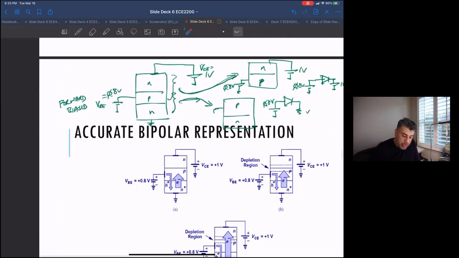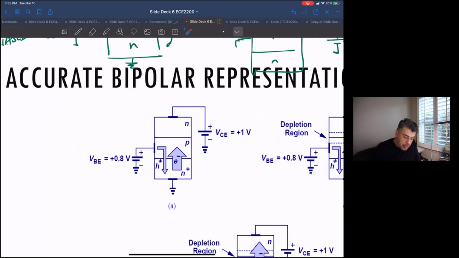So if I draw it all up here again, so I made a base emitter voltage. This is the base. If I put 0.8 volts on the base and ground the emitter, this junction is forward biased.